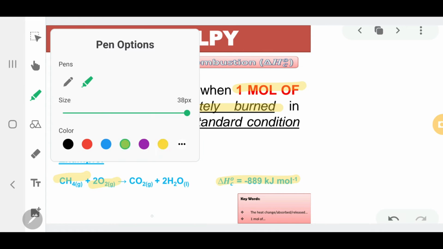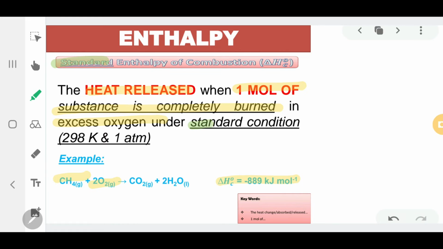But this time it's important for you to write under standard conditions, which is 298 Kelvin and 1 atmospheric pressure. When the question asks you to write the definition for standard enthalpies, you have to include this standard condition.